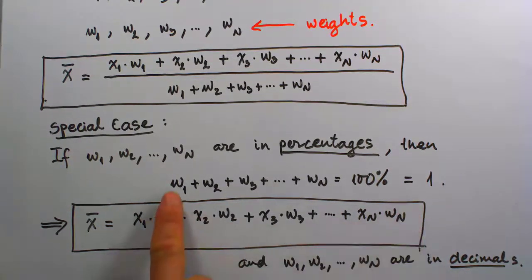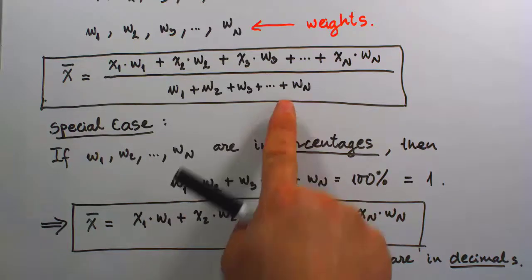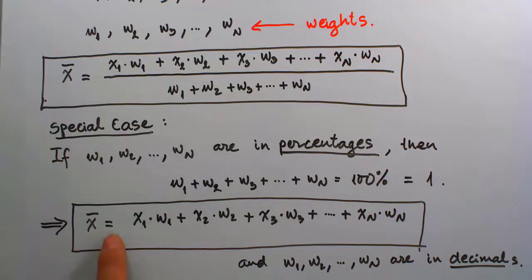Then the weights in the denominator will equal 1. So we consequently have a shorter, more convenient formula. The weighted mean x bar equals x1 times weight 1, plus x2 times weight 2, plus x3 times weight 3, plus so on, up to xn times weight n.